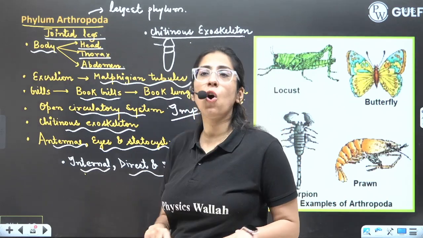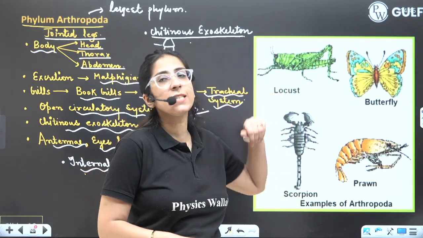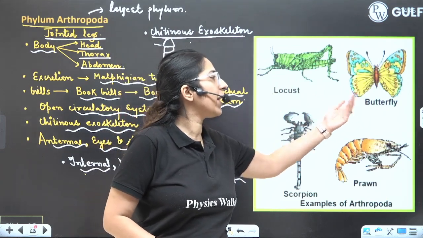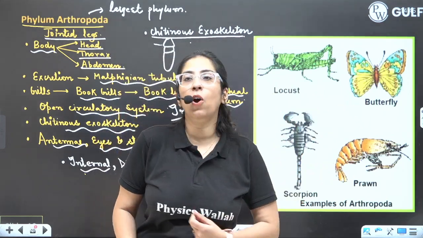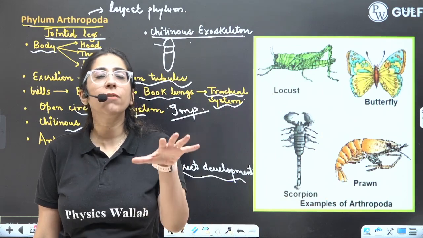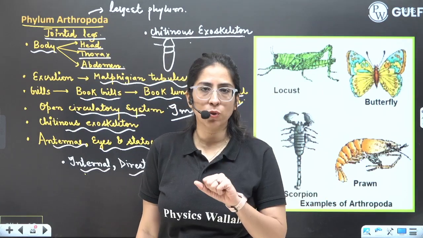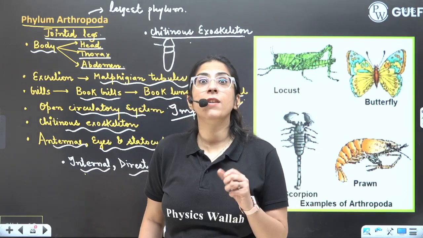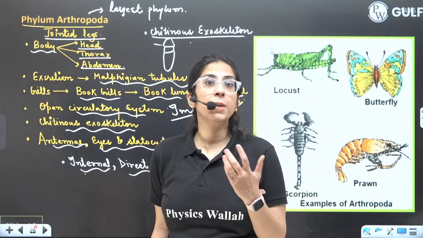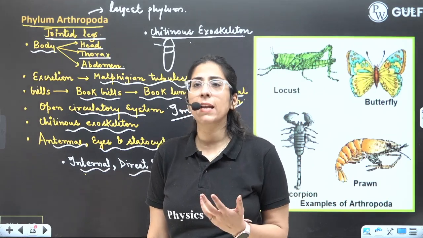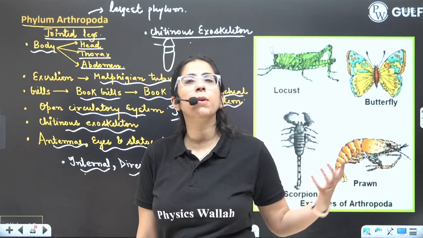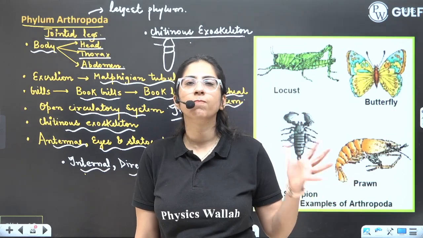Internal fertilization, direct and indirect development. Examples are locust, gregarious insects, butterfly, scorpion, prawns. In this category we have economically important insects also, for example lac insect and honeybees. It is said that if we remove honeybees from an ecosystem, what will be left?